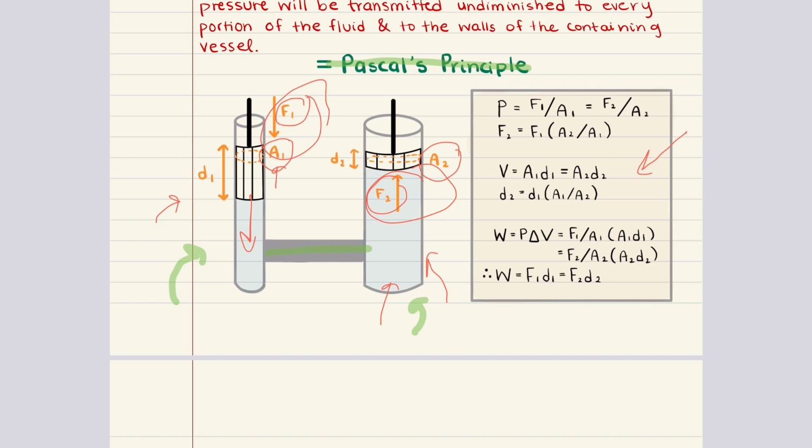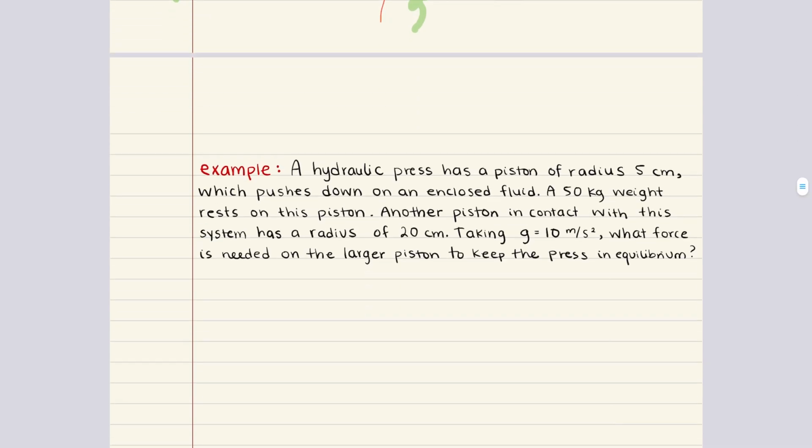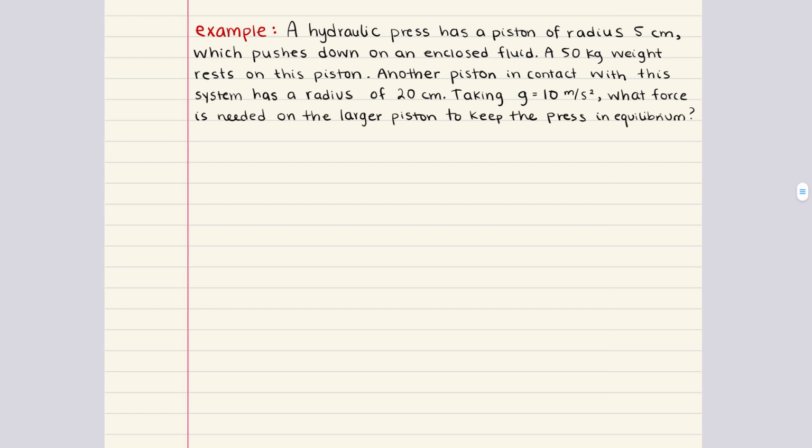Ultimately, this serves to demonstrate that the work done on the smaller piston is transferred to the larger piston. Therefore, one needs only to exert a small force over a small area through a large distance to generate a much larger force over a larger area through a smaller distance. Keeping that in mind, let's go ahead and jump into a practice problem.